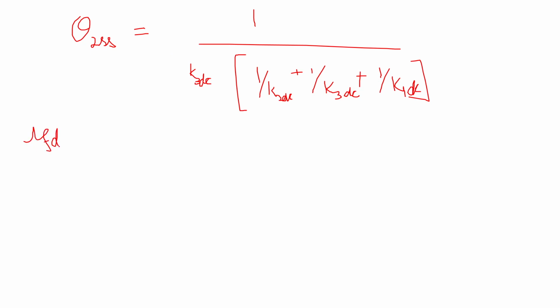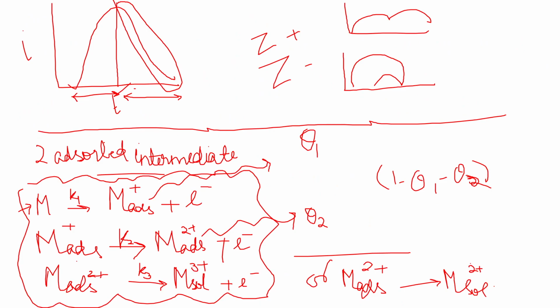Who can tell me what is the formula for the Faraday current? Which all reactions will be involved? You have all the three reactions involved, right?